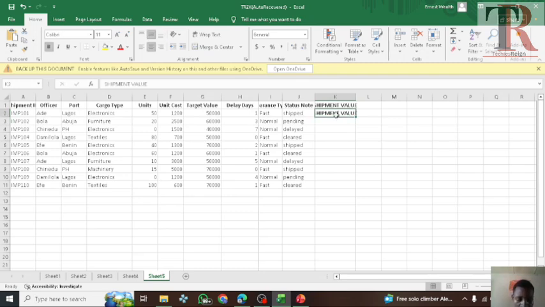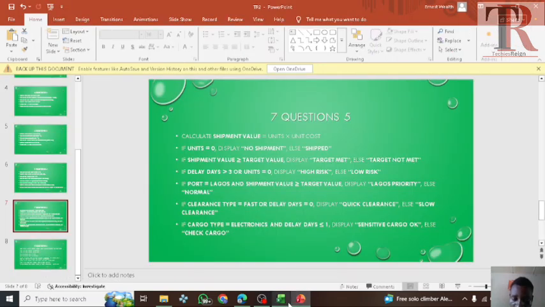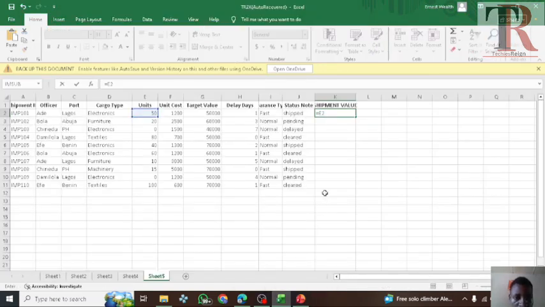To calculate the shipment value, we'll use E2 times F2. Oh yeah, and I forgot the equals sign. That's why it's not showing up. So E2 units times unit cost, which is F2. E2 times F2, that will be the shipment value.